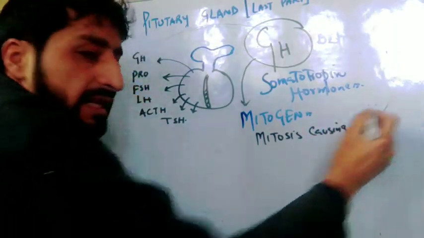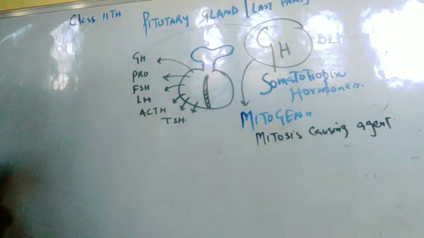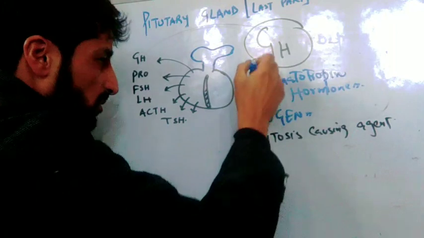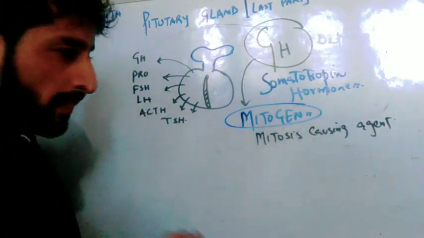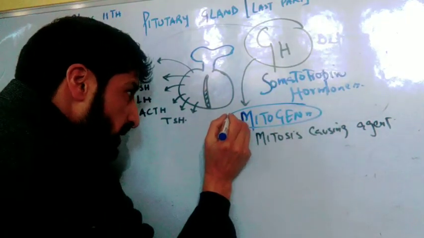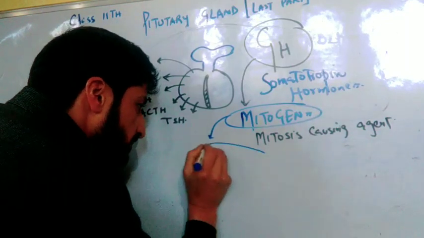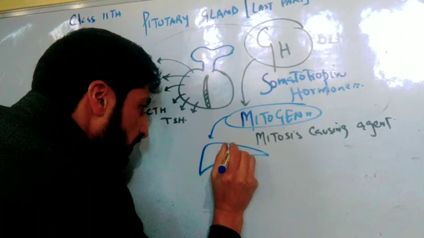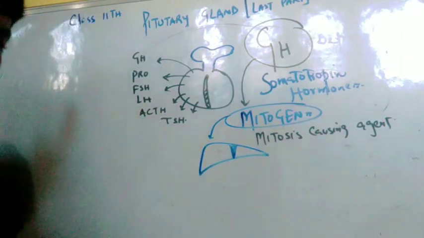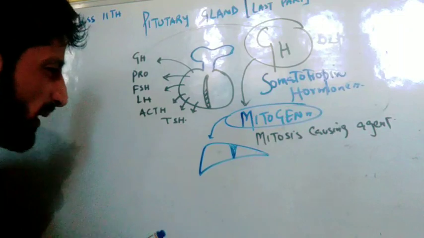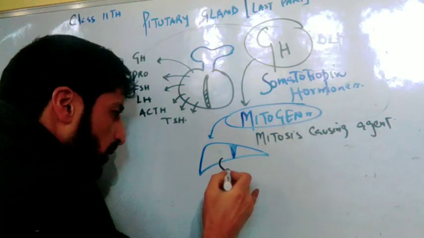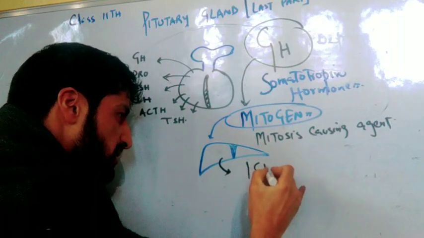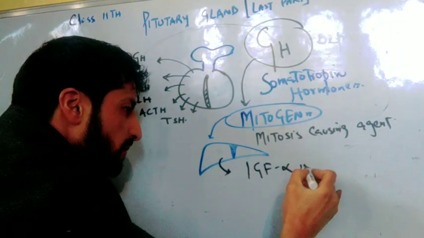Now let me explain this term in a little detail. What I told is that growth hormone acts as mitogen. But how? Growth hormone actually stimulates our liver. From the liver, a very special biological molecule called IGF is produced.